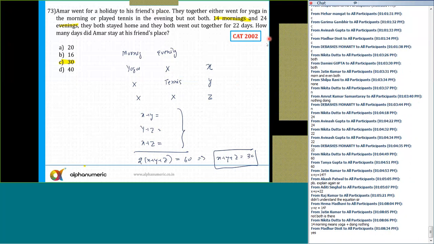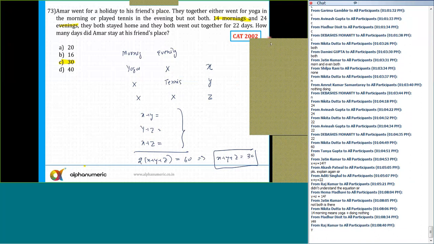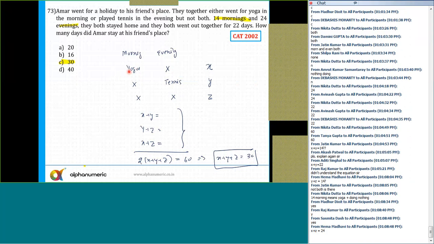They together either went for yoga in the morning or played in the evening, but not both. Yes, that's right. So if I'm talking about the 14 mornings they stayed home, this is X plus Z. X plus Z is 24, you are saying, Hema?